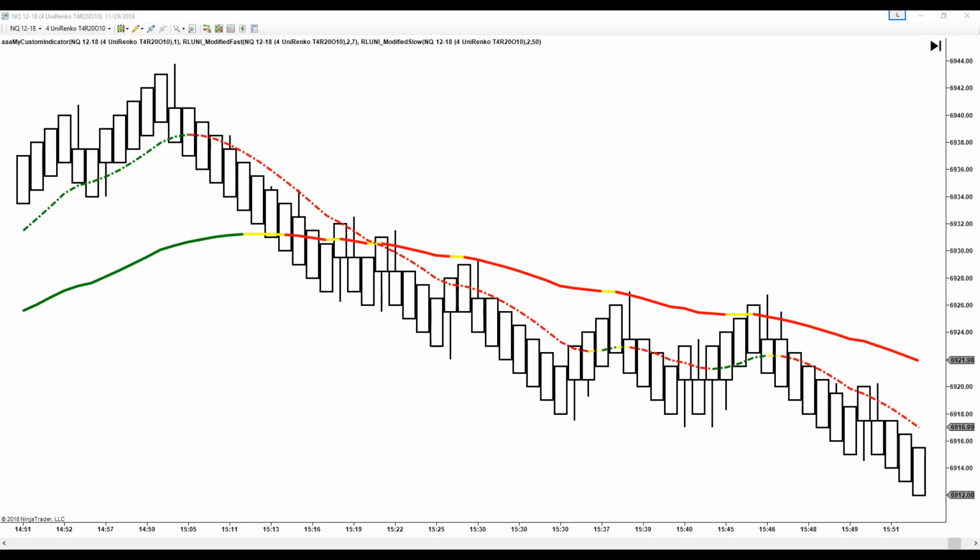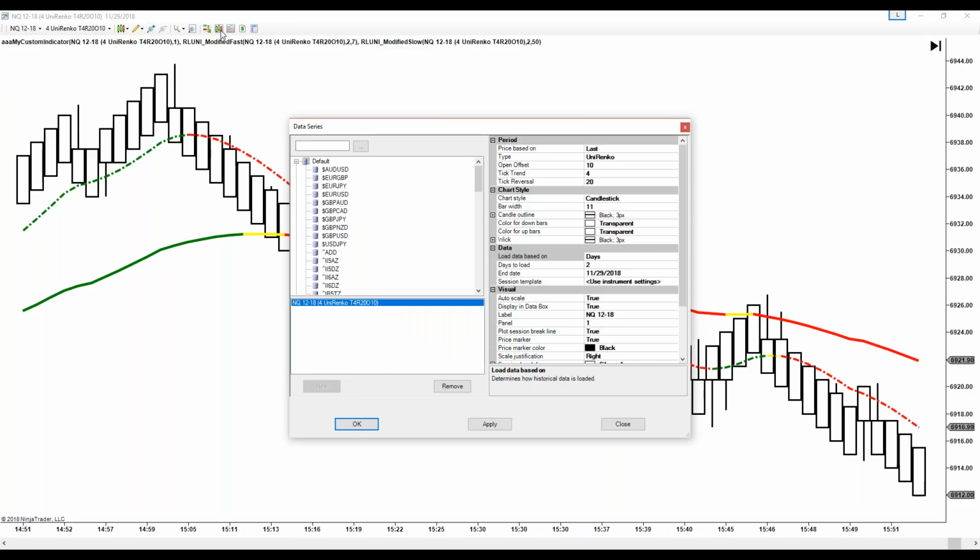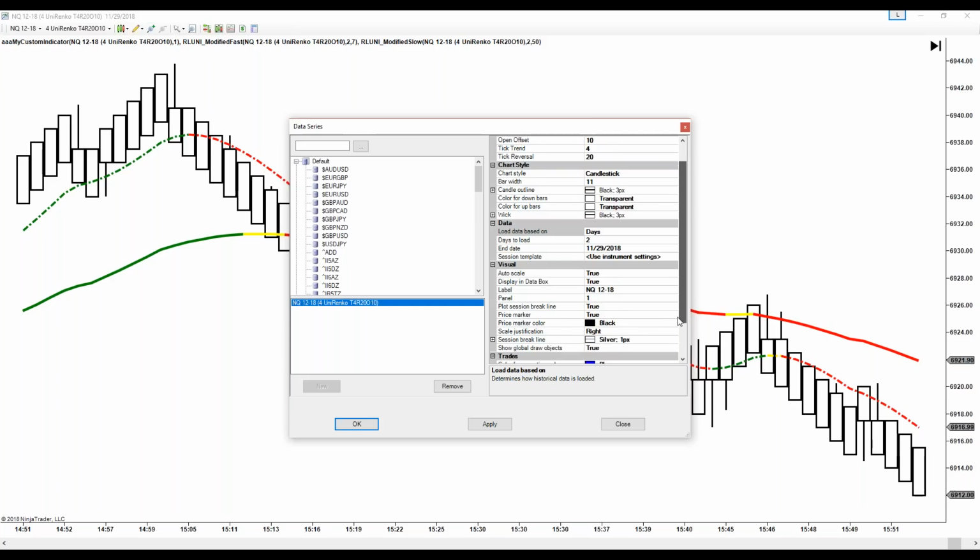To do this, just go to the data series and change the bar close color and the chart style. Hold on.